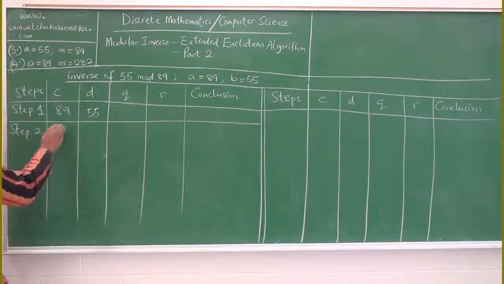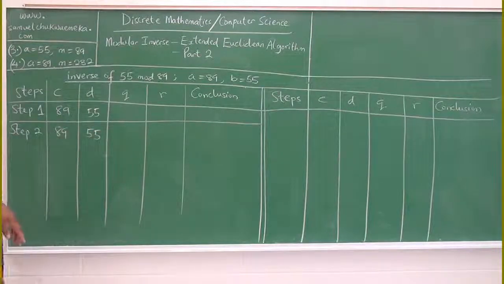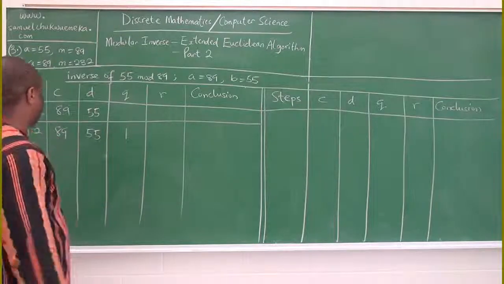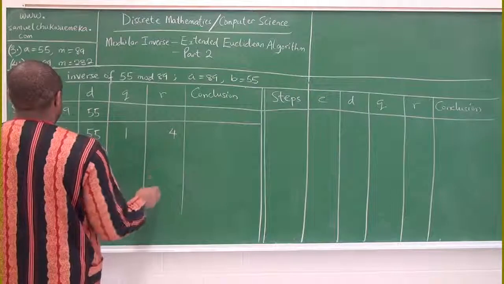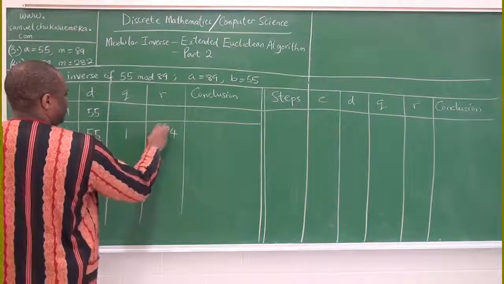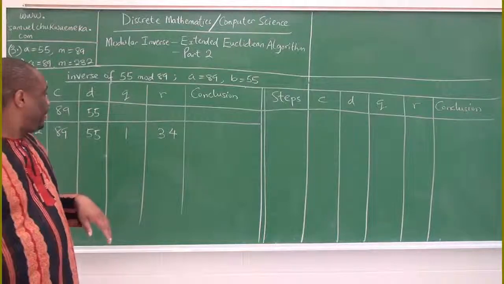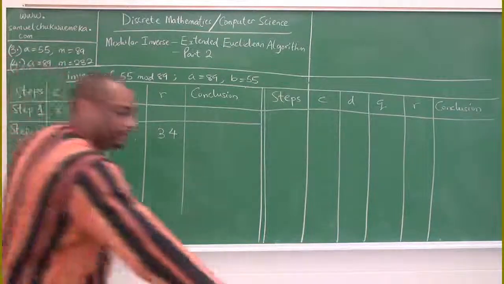Our C is 89, D is 55. 89 divided by 55 will give us what? 1. Remember, 9 minus 5 is 4, and 8 minus 5 is 3. So 1 remainder 34.